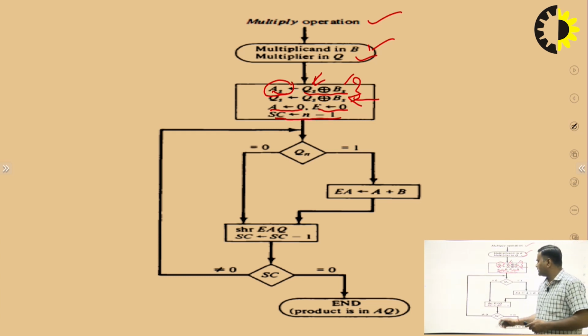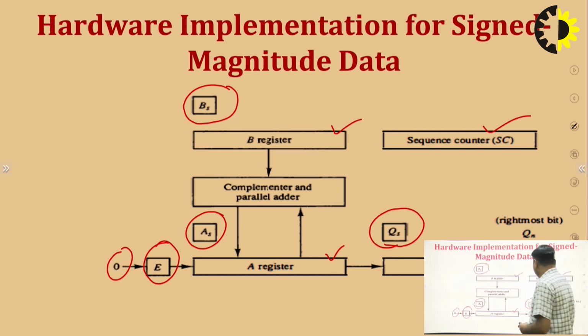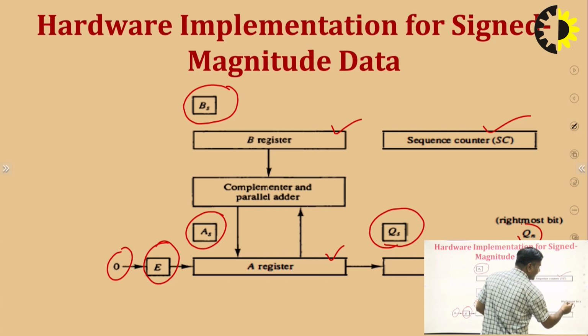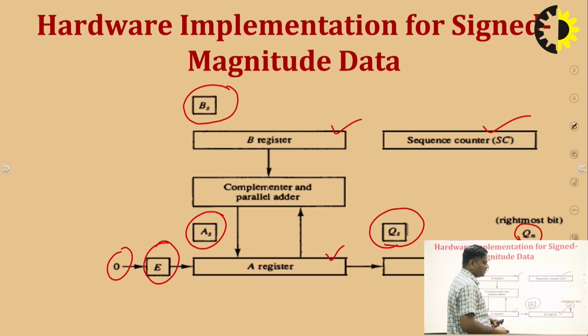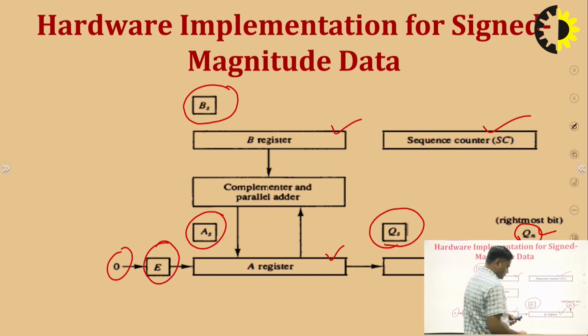First there is a single bit check, and we have to check the QN bit. And what about the QN bit? In the Q register, it is the rightmost bit of the Q register. The rightmost bit of the Q register is called QN.